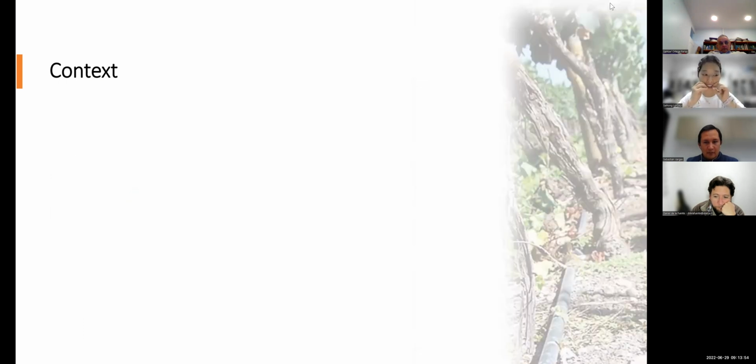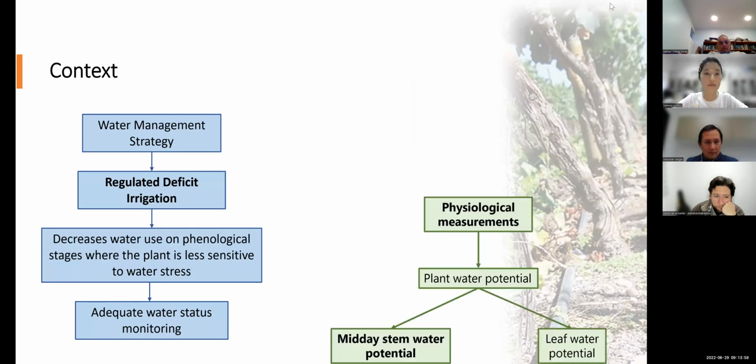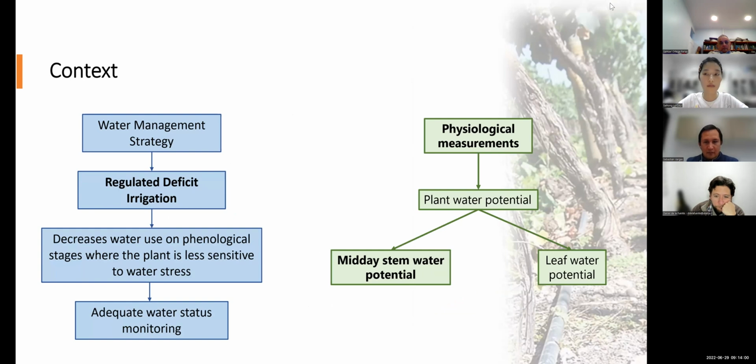And in this sense, we have several water management strategies, among which regulated deficit irrigation stands out, because it's a strategy that is able to decrease water use on the phenological stages where the plant is far less sensitive to water stress.